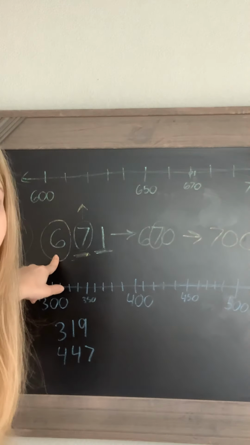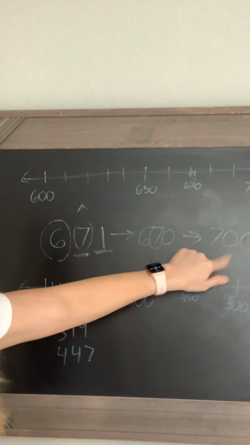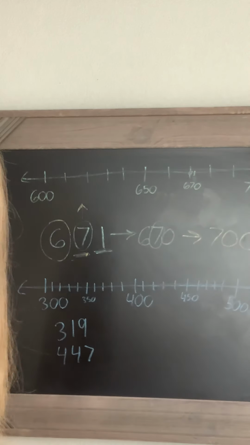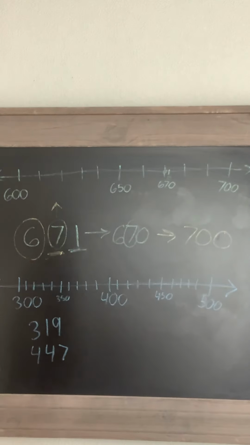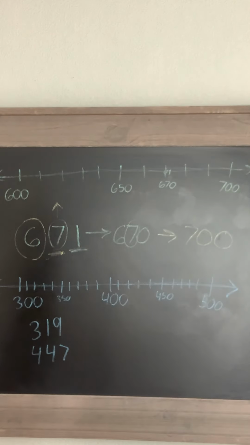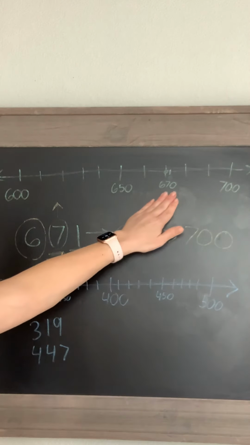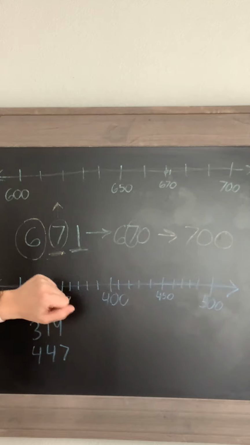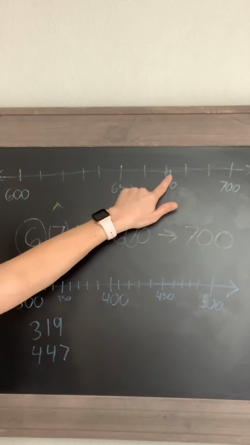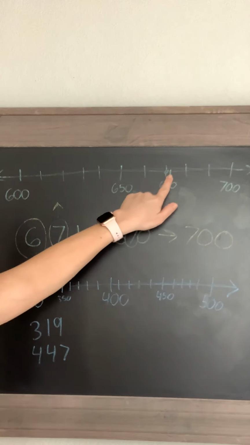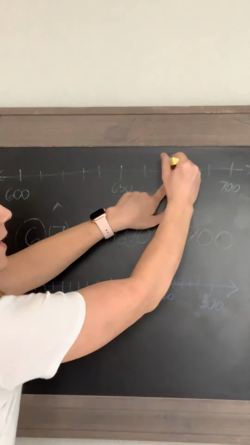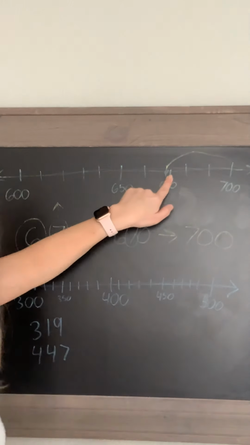So remember, when we're rounding to the nearest 100, your answer choice is always going to be 100, 200, 300, 400, etc. Okay? Because they're hundreds. When I look up here at my number line, 671, again, is right here. You see how here's 700, you only have this little distance to go.